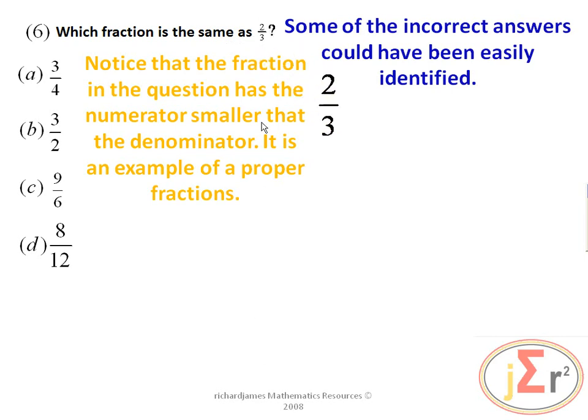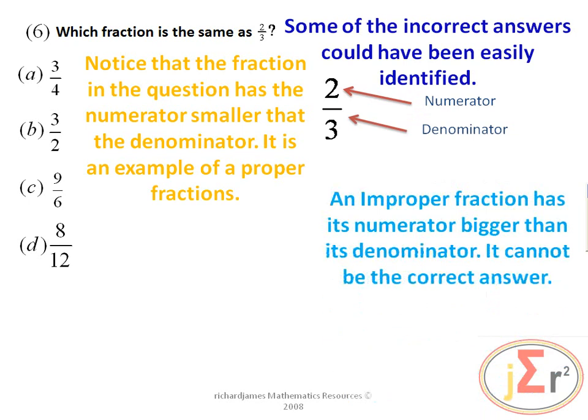There it is. That is your numerator. Is there anything else? There's your denominator. So your numerator is 2 and your denominator is 3. And the numerator is smaller than the denominator, so your fraction is called a proper fraction.